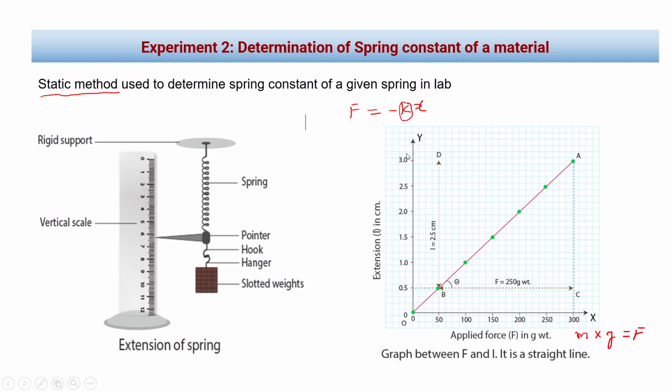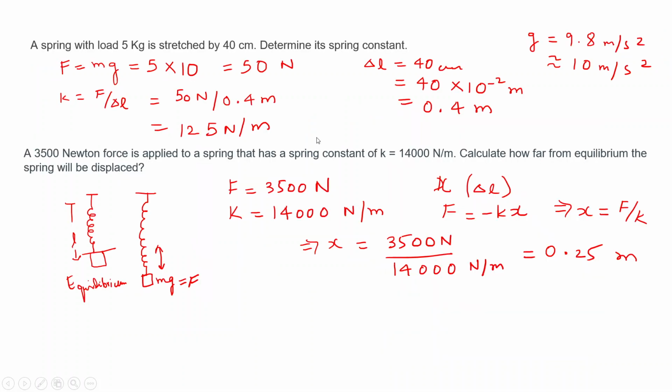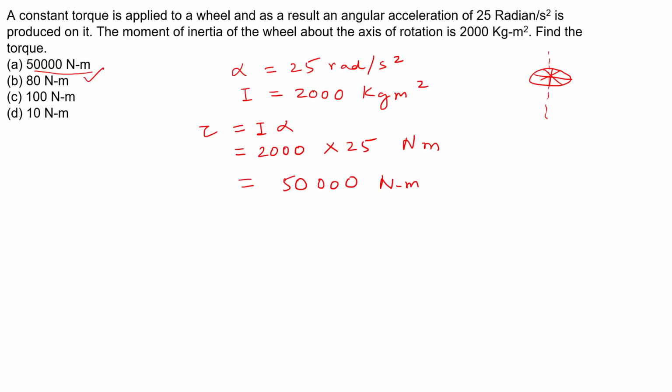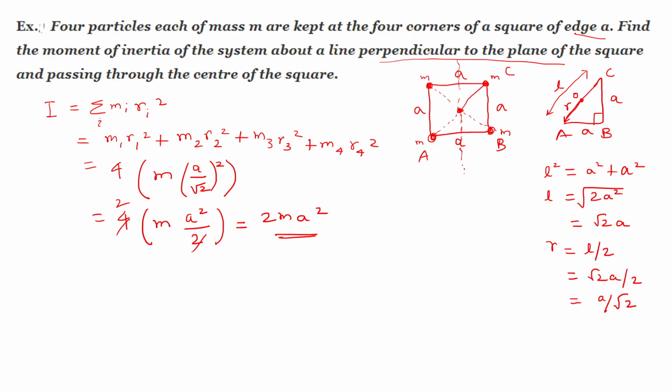We understood how the experiment is done and again did corresponding questions. And then this final third experiment, we understood the theory and tried to solve questions based on it, where we will try to find the moment of inertia making use of the parallel and perpendicular axis theorems. This was the summary of what we discussed in this interactive session.